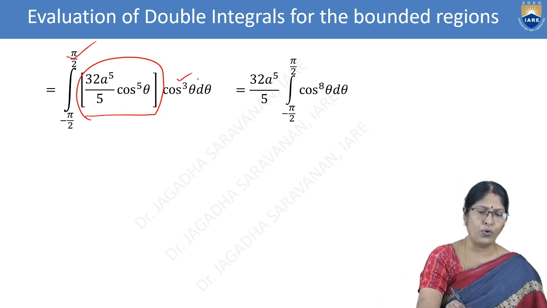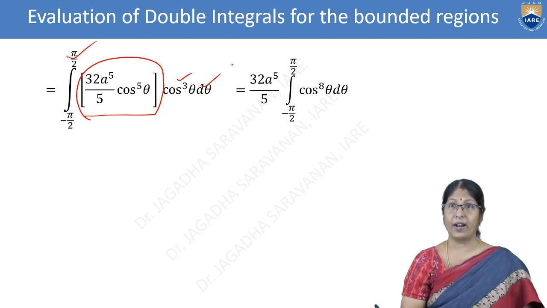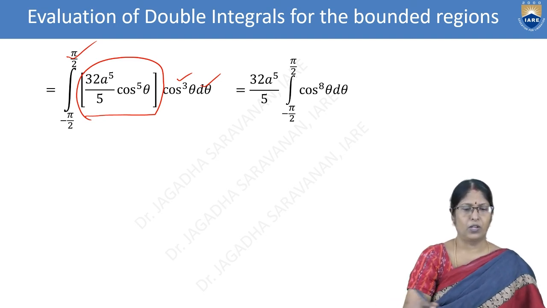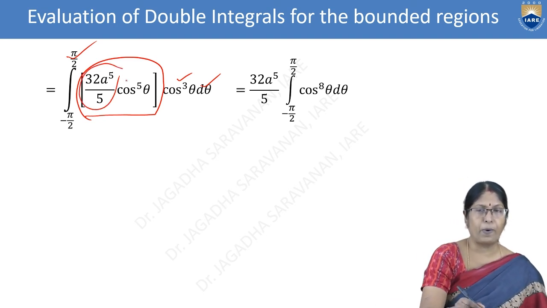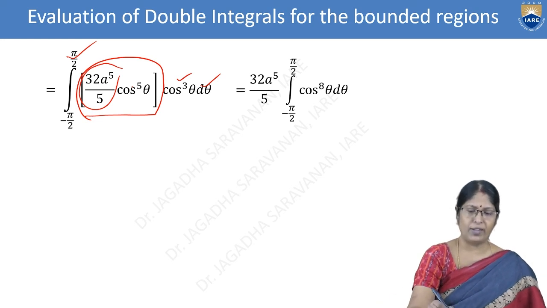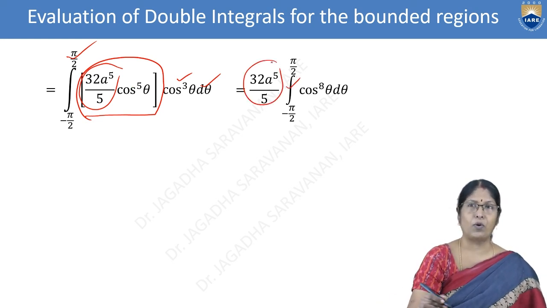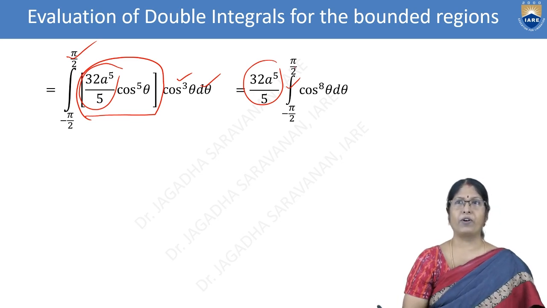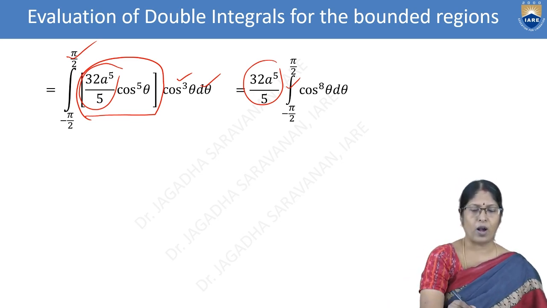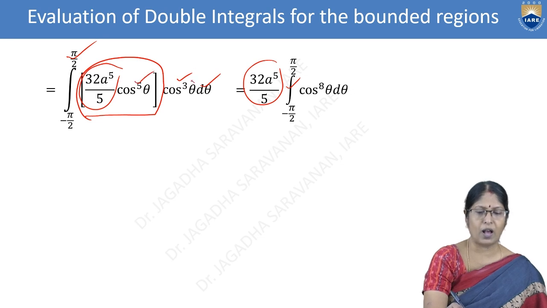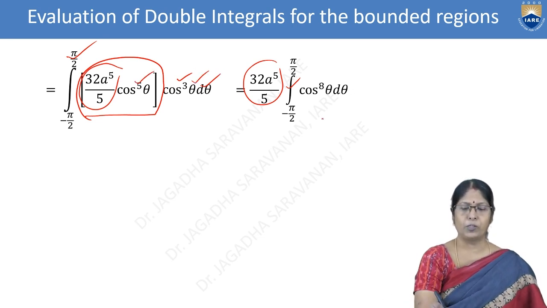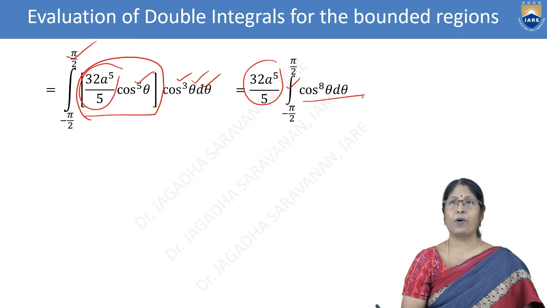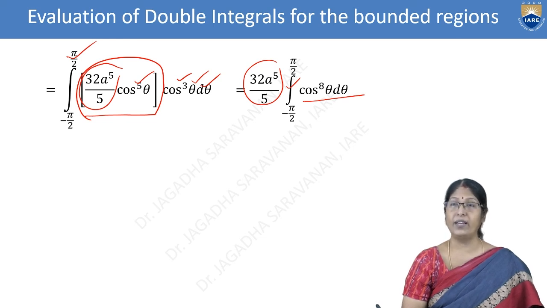These are the outermost integral terms. This 32a power 5 by 5, we put in front of the integral, from minus pi by 2 to pi by 2. Now cos power 5 theta and cos cube theta put together give cos power 8 theta d theta.